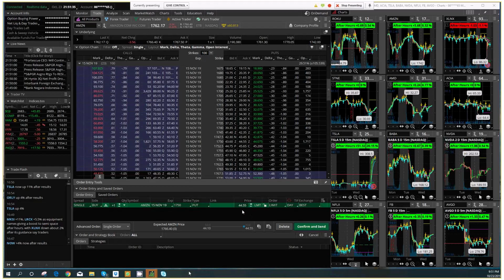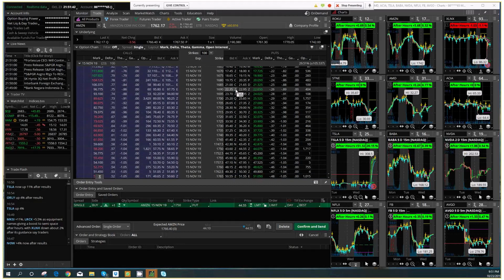Or we could reduce this by selling a lower put, let's say a 1680. And if you have Thinkorswim, I'm holding Control to get the second one in. And then all of a sudden now I pay about $2,400. I get protection from 1750 to 1680, or if I'm just making a bearish bet, I have profits from 1750 to 1680, about 70 points difference in there.